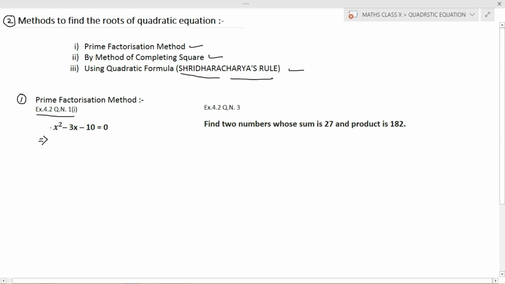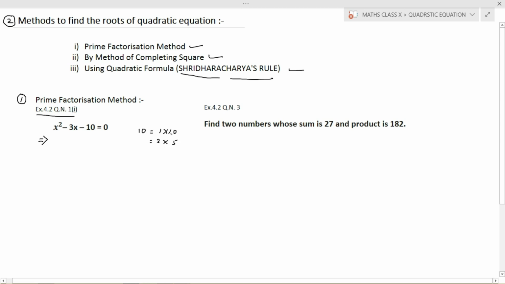The coefficient of x square is 1 and the constant term is 10, we multiply these, and the product we get is 1 into 10, which is 10. Then you write all the possible factors of 10. That will be 1 into 10, then 10 can be written as 2 into 5, and no more. So the factors are 1, 10, 2 and 5.